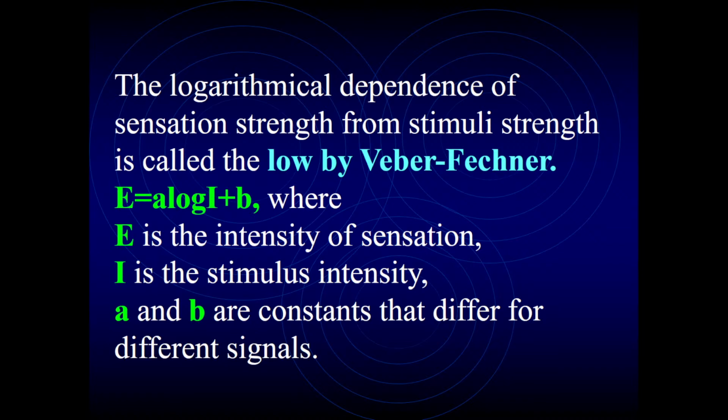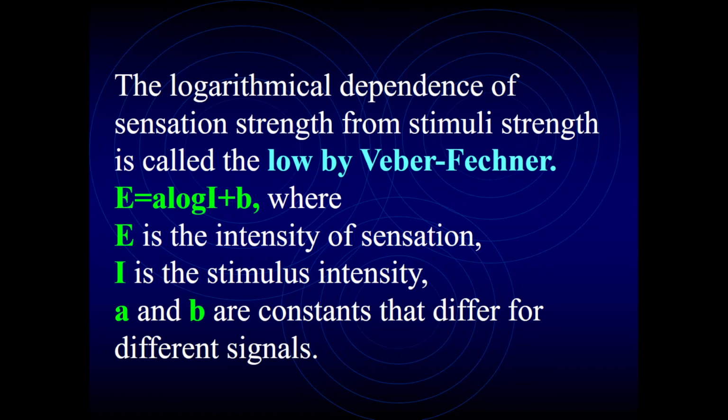E equals A times logarithm I plus B, where E is the intensity of sensation, I is the strength of the stimulus or stimulus intensity, A and B are constants that differ for different signals. The laws of Weber and Fechner are valid mainly for the average sensitivity range.